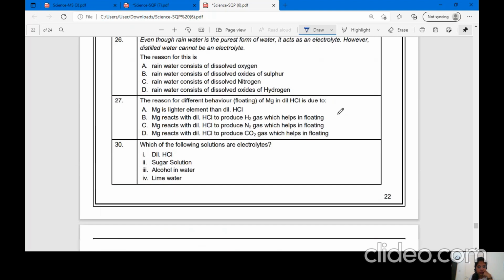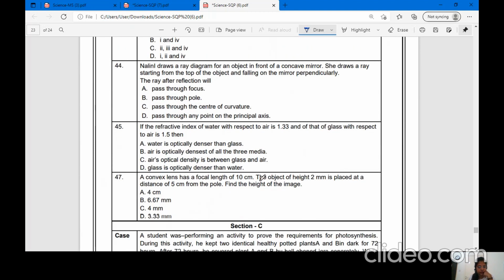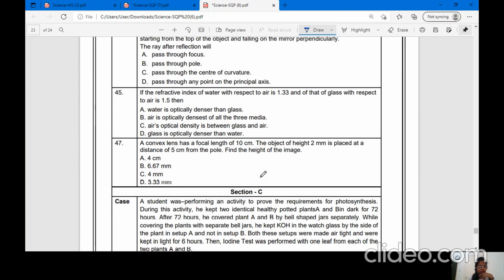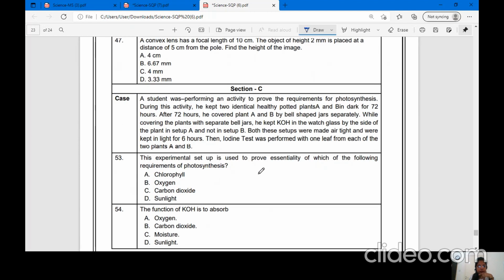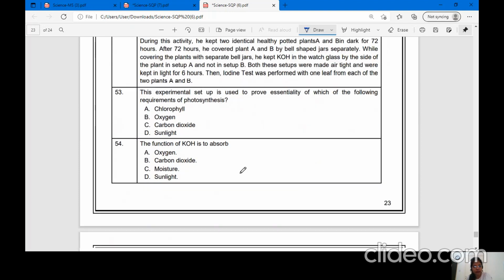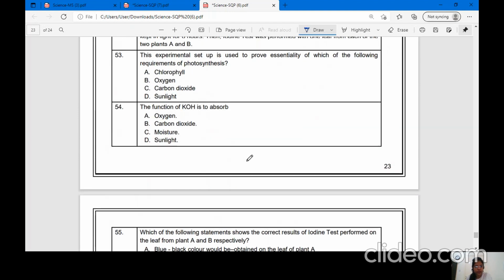Now come down. Here in this optional question for the private students, a diagram is not given. This is the same question we studied in the case study, but here the diagram is not given.